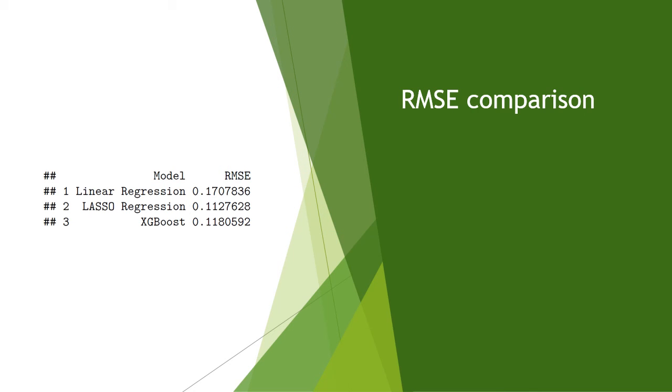So the root mean square error comparison is shown on the left. In summary, the three models have performed fairly well. As a result, the Lasso and XGBoost regression models show approximately a 6% improvement in root mean square error value, which represents a better model compared with linear regression.